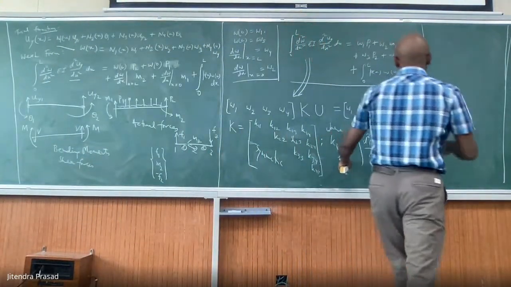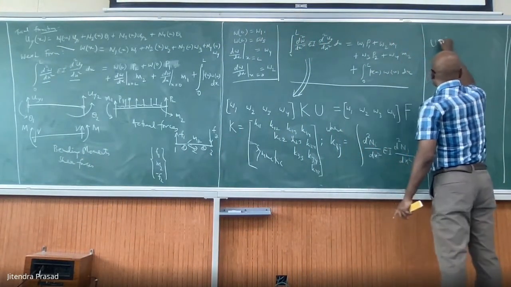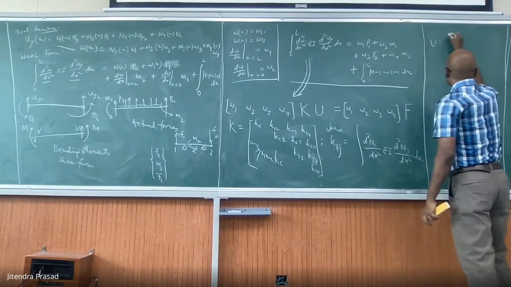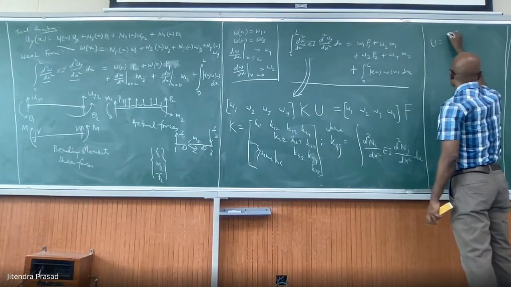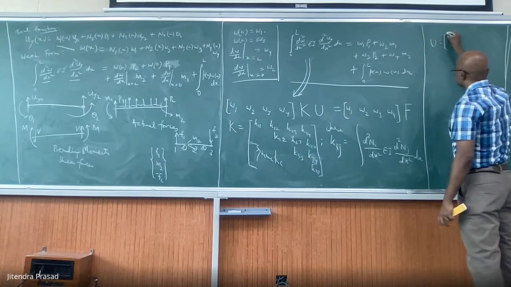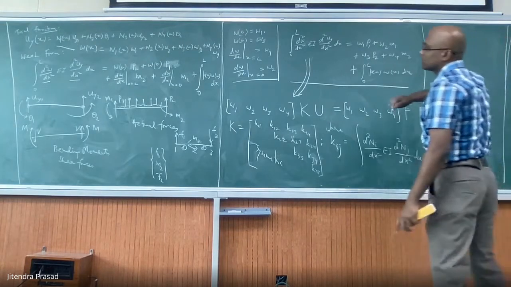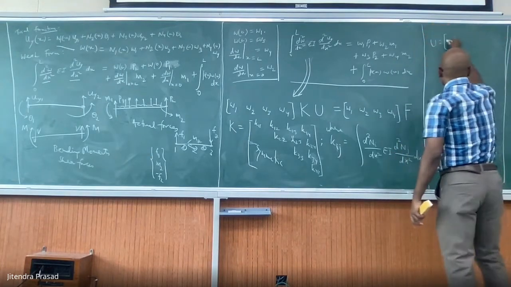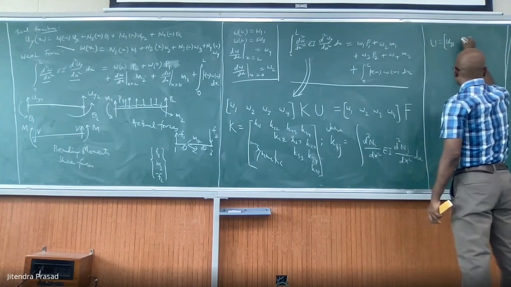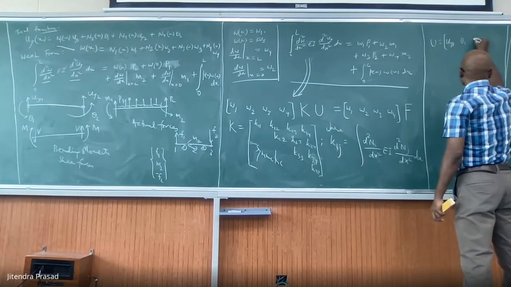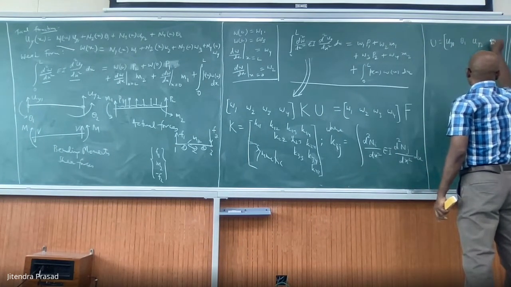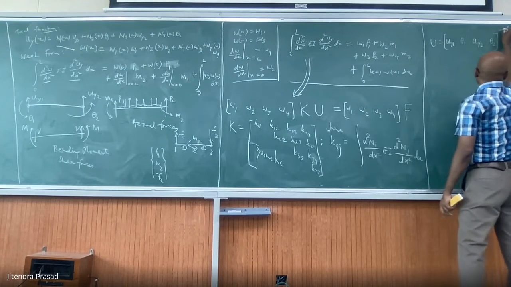So K is maybe like this. What is U? U is equal to Uy1, theta1, Uy2, theta2, transpose of it.